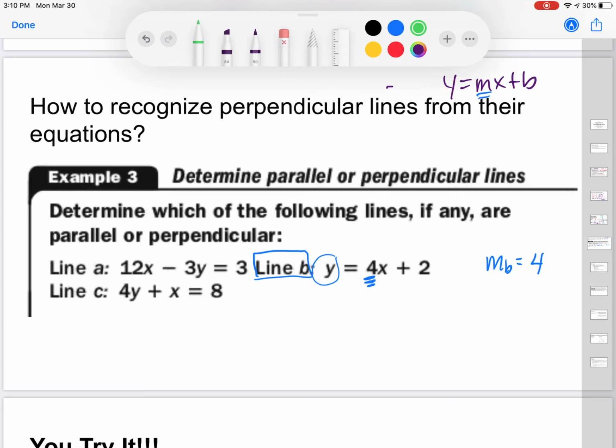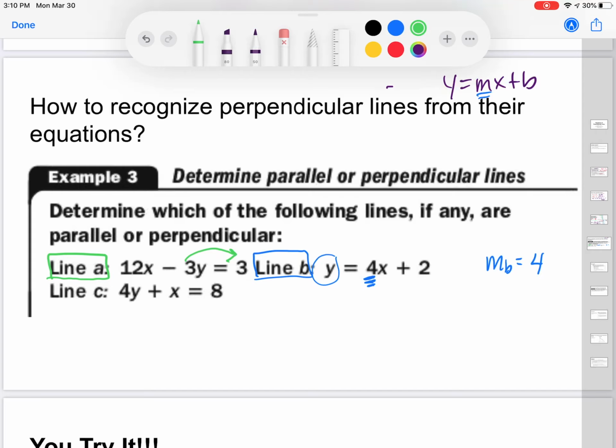All right? Now the other 2 lines, A and C, we're going to have to do a little bit of work on those. So line A right here, we'll do it in a different color. We're going to have to rewrite that equation, okay? Now, to save some space, I'm going to move this negative 3y to the right-hand side. And what is it we said?